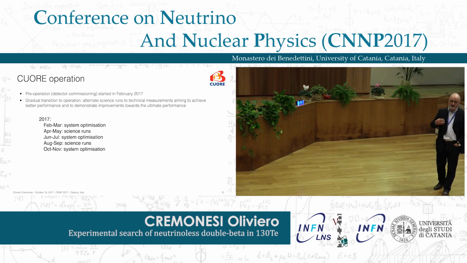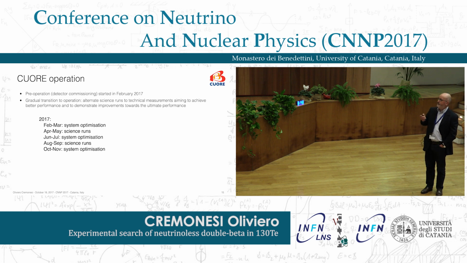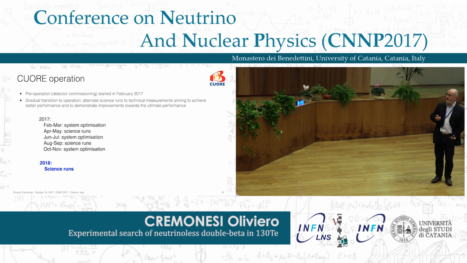After 2 months of system optimization in order to be able to start with data taking, we had a short science run, already mentioned yesterday by Chiara, in April-May, then another system optimization during the summer, another science run in August, and now we are again in a system optimization phase. Our aim is to arrive by next year at the final data taking for science.